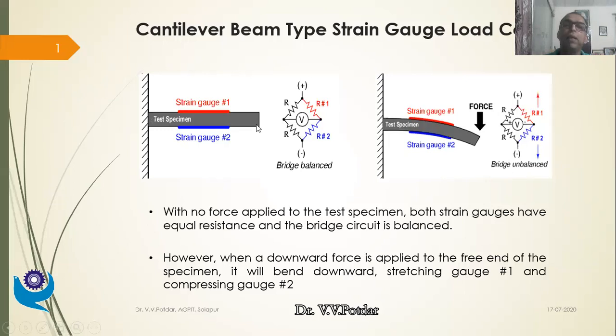Neutral axis will be midway. So if the thickness is T, the distance of the outer fiber of the top surface from the neutral axis is T by 2. And the distance of the lower surface from the neutral axis is also T by 2. Isn't it? So how much will be the Z value? I upon Y. So what is I for rectangular cross section?